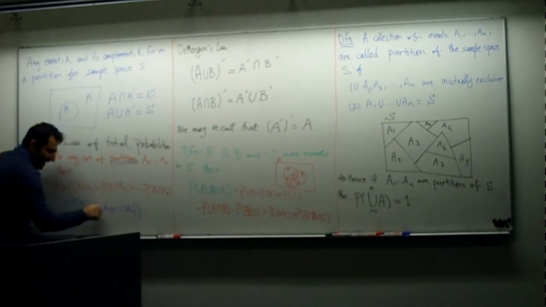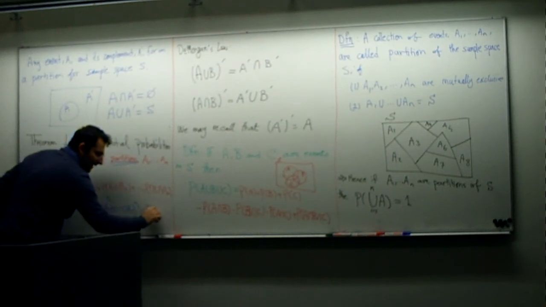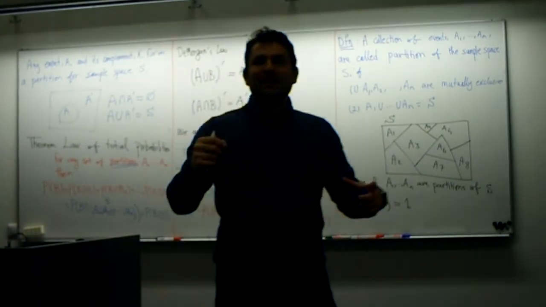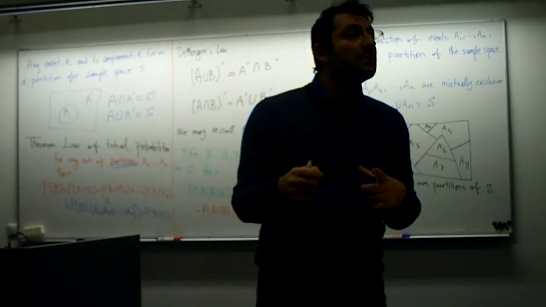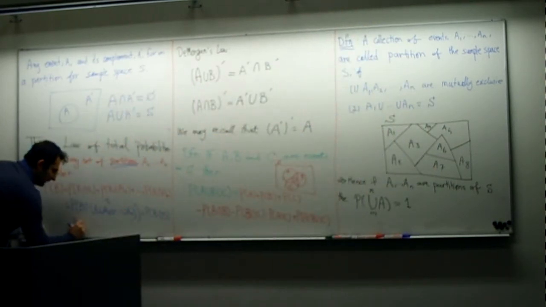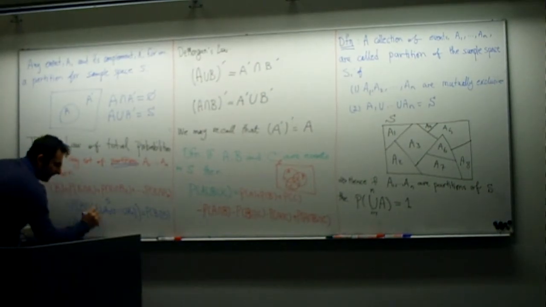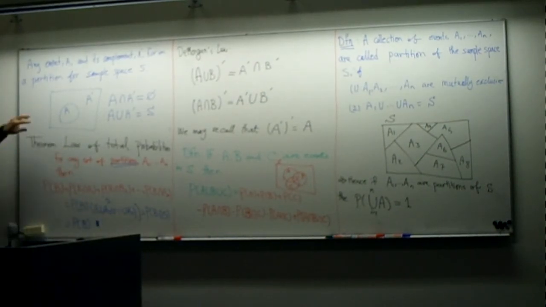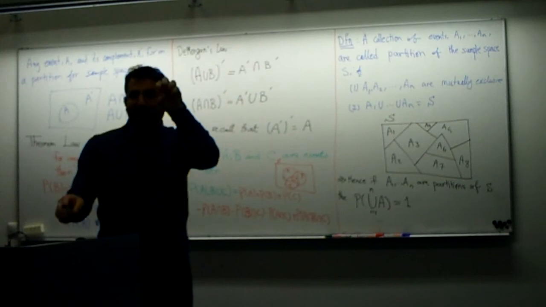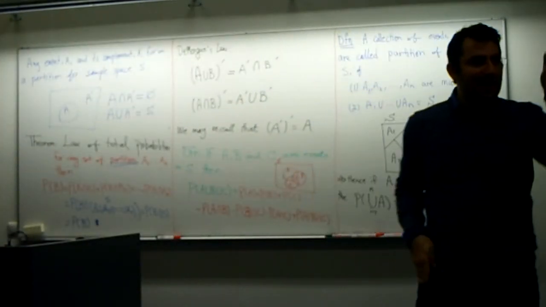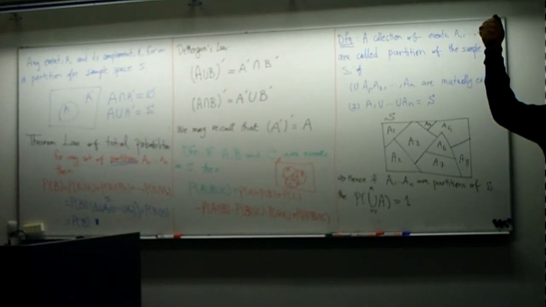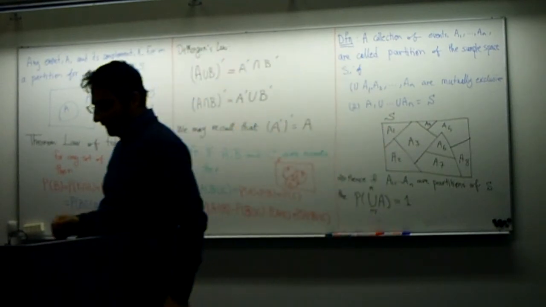So this is S. So I have the probability of B intersected by S. Any set intersected by S is that set itself. So it is equal to the probability of B, right? Because the intersection of any set with the big set is that set itself. What is the union of any set with S? It is S, because S has everything inside.